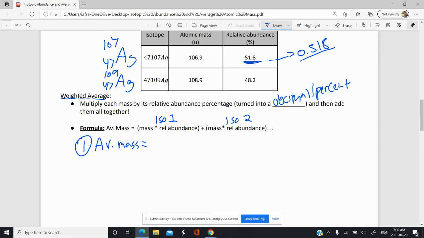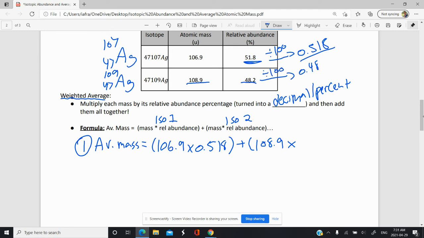So we'll do the mass of silver 107, which is 106.9, multiplied by its abundance in decimal form, 0.518. You just divide by 100 to get this, plus, open your brackets here, the mass of the other isotope, 108.9, times its isotopic abundance, 0.482.